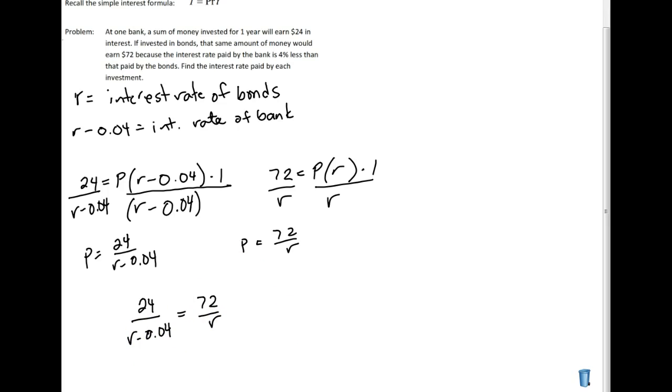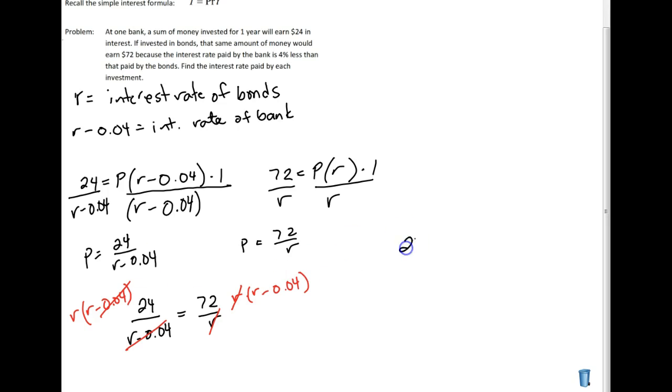You have to multiply both sides by the LCD, which in this case is R times R minus 0.04, and then we cancel out the things that cancel. My R is here, my R minus 0.04 is here. So what am I left with?